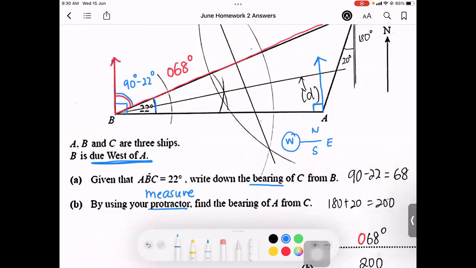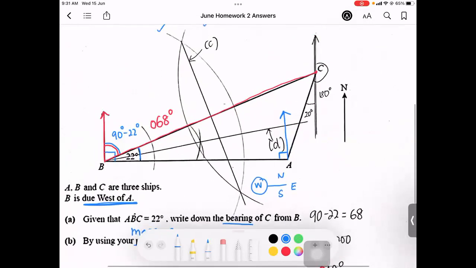They want you to measure. Sometimes the question is not to scale. When it's not to scale, they will ask you to calculate. They will ask you to find. They will not ask you to measure. Then you cannot measure it. So not every bearing questions can measure. Okay, they usually only depend on construction questions. Then they will ask you to measure.